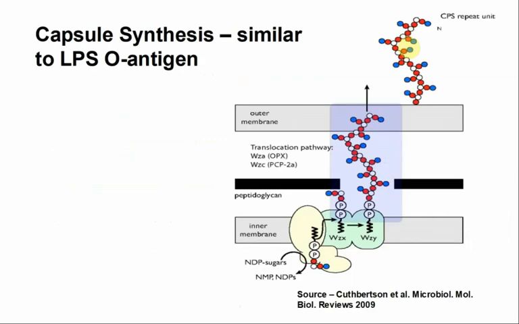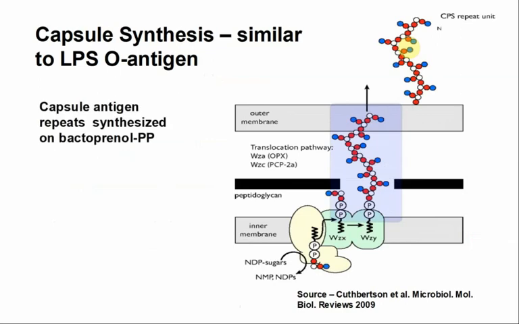Right, so what else can we say? Synthesis again. Same problem, same kind of solution. How to synthesize a polymer outside the cell. And it's really a very similar system. So you've got firstly the repeated subunits. They're synthesized on bactoprenol pyrophosphate.